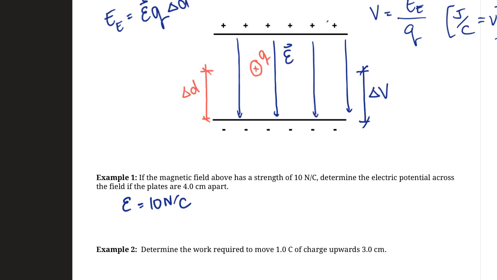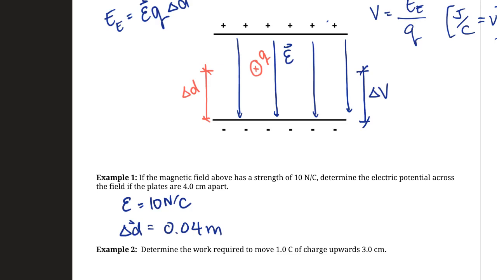So if we're trying to find the delta V of the whole plate, like between the two plates, we're looking for the delta V between the two plates, the electric potential difference between the two plates. So our delta D, our distance, is going to be 4 centimeters. And again, always put things in SI units or standard base units, 0.04 meters.